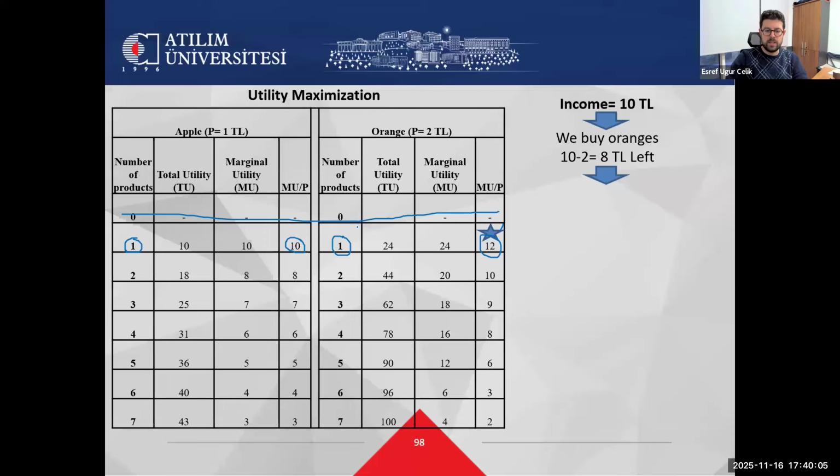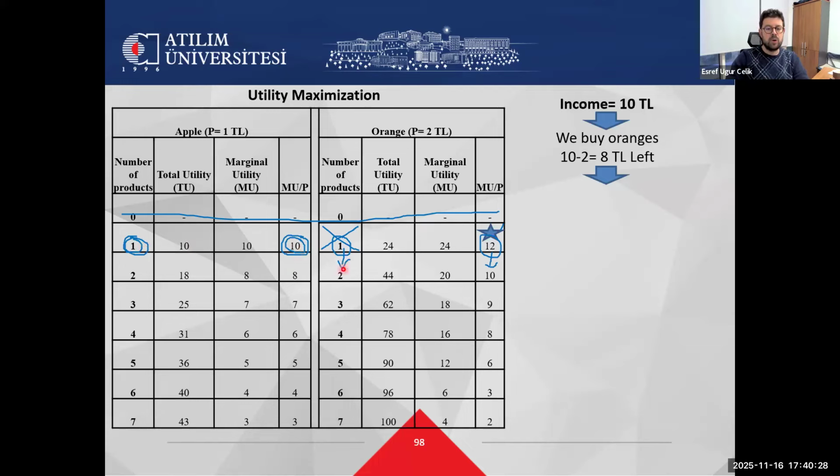So we can move down, but for the apple we are still over there, still at the first one. For getting 1 apple, we get 10.